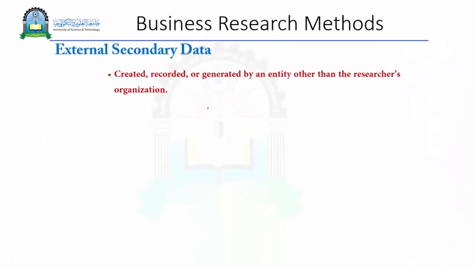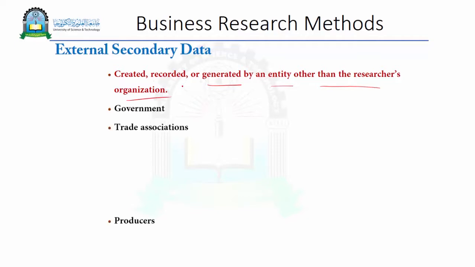The external secondary data is data created, recorded, and generated by an entity other than the researcher's organization. So somebody else has created, recorded, and generated the data, and then the researcher is going to take it from him, and there is no relationship between the researcher and this entity.